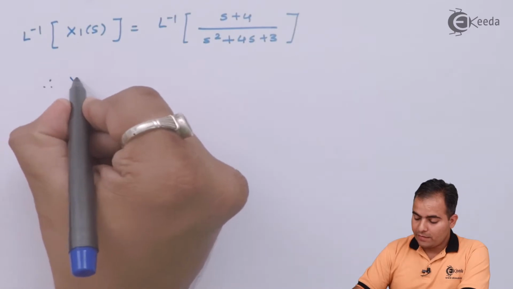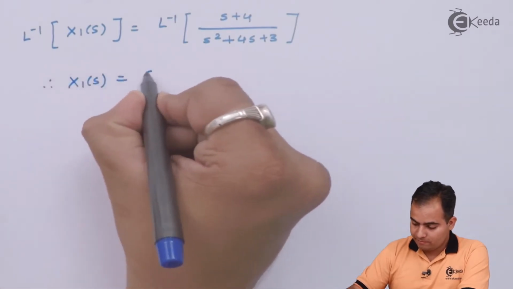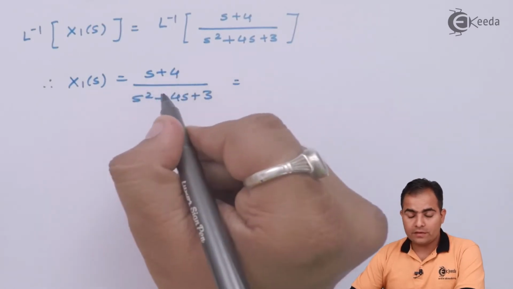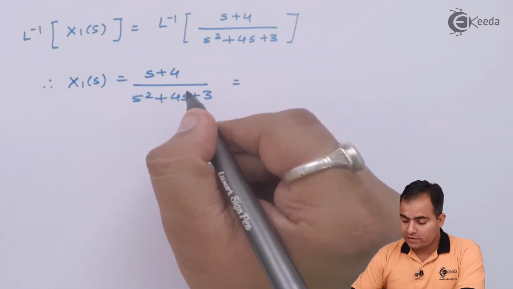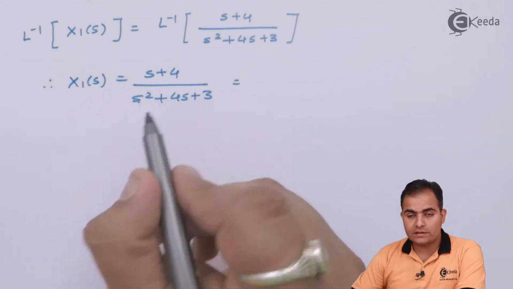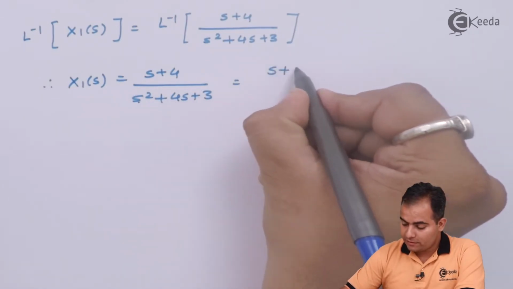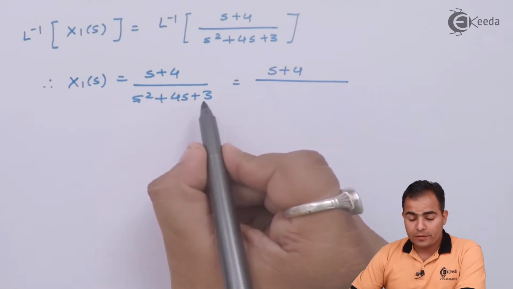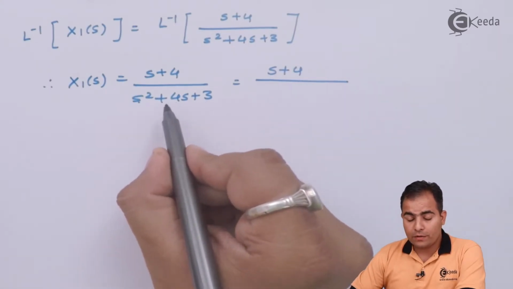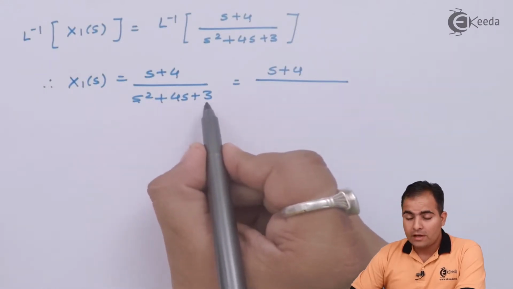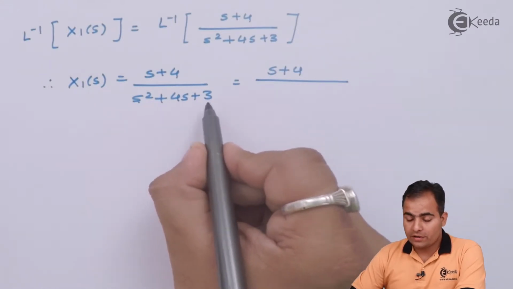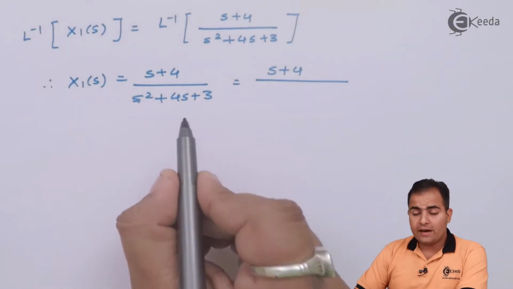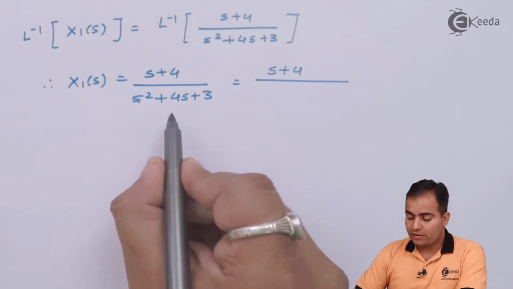So let's say my x1 of s is basically, now as I said, we will perform this Laplace inverse by using the partial fraction method. So first of all, we will find the factors of this denominator. Look here, the last term is always the product of 2 digits, whereas the middle term is always the sum of those same 2 digits. So the product is obtained by 3 and 1, that is 3 into 1 is 3, and if I add the same terms, then 3 plus 1 is 4.